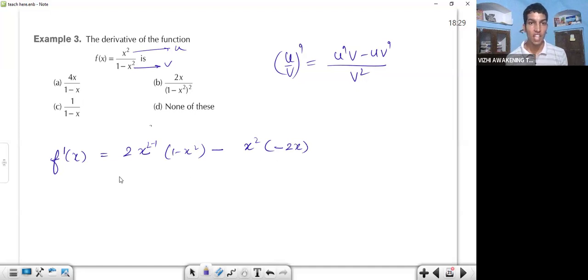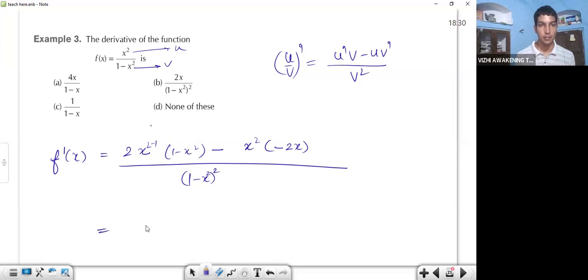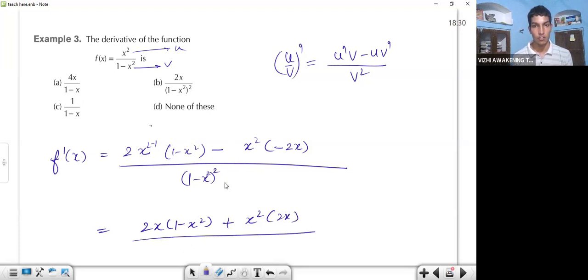Okay. Are you able to understand why I am writing so? Now the v square. Minus minus, it will make it as positive. 1 minus x square. So a minus b whole square is a square plus b square minus 2ab.